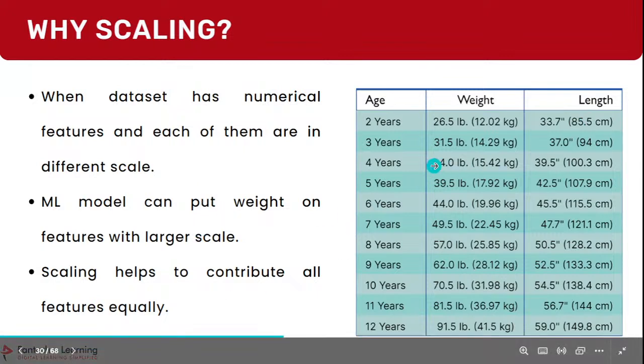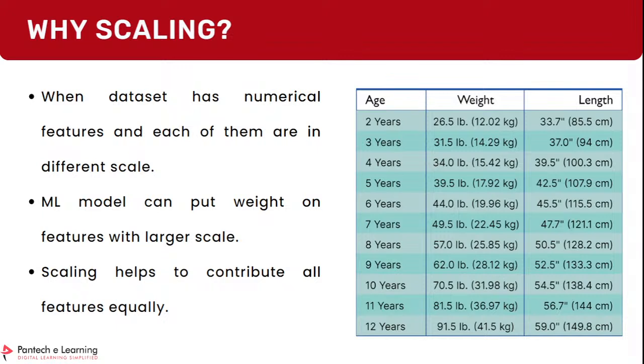For example, age will be 1 digit to 2 digit maximum. If some person in your data set is 100 years old or more, you will be having 3 digits. Mostly it will be in the 2 digit scenario. If they are very small children, you will be having 1 digit. And weight, mostly it will be 2 to 3 digit.